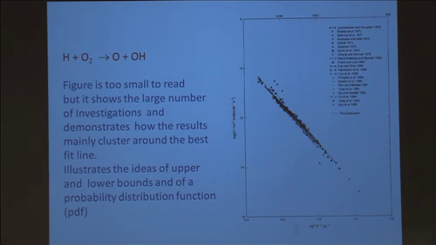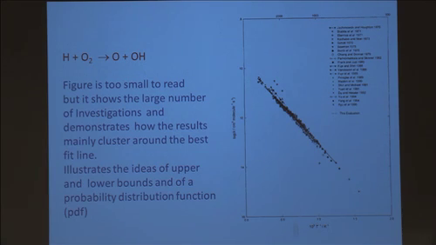Okay, so that's H plus O2, and then this shows you the final page of this evaluation, which shows you all of the measurements that have been performed. And you can see that for this reaction, which is clearly a centrally important reaction in combustion, there are many, many determinations. What this gives you is the idea that there is a probability distribution function of measured values which bracket the best fit line or the recommended line.